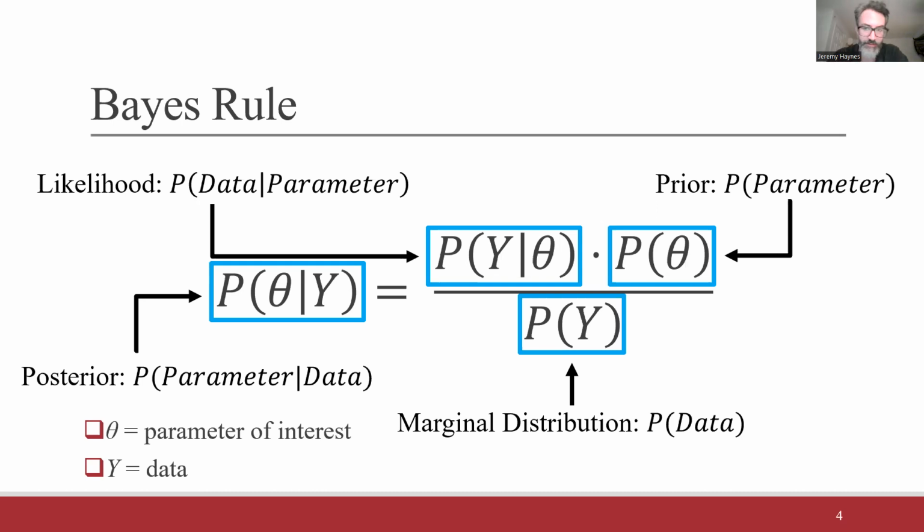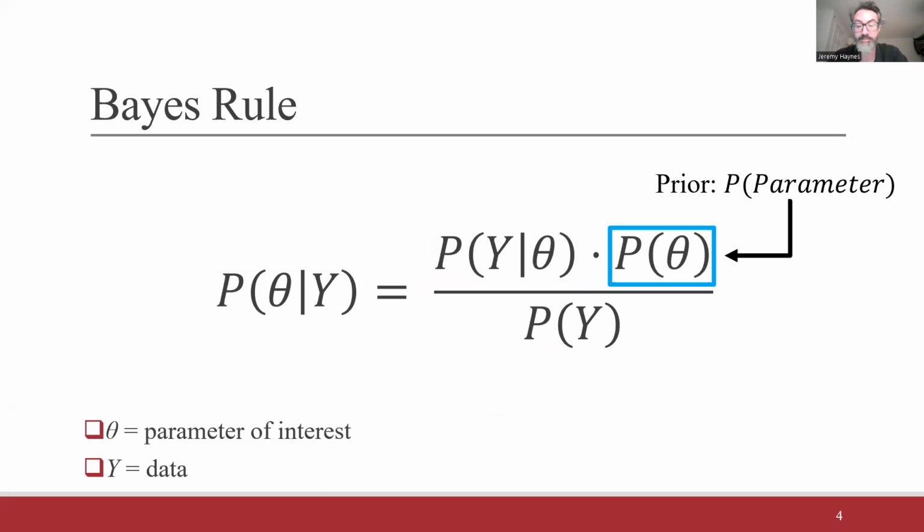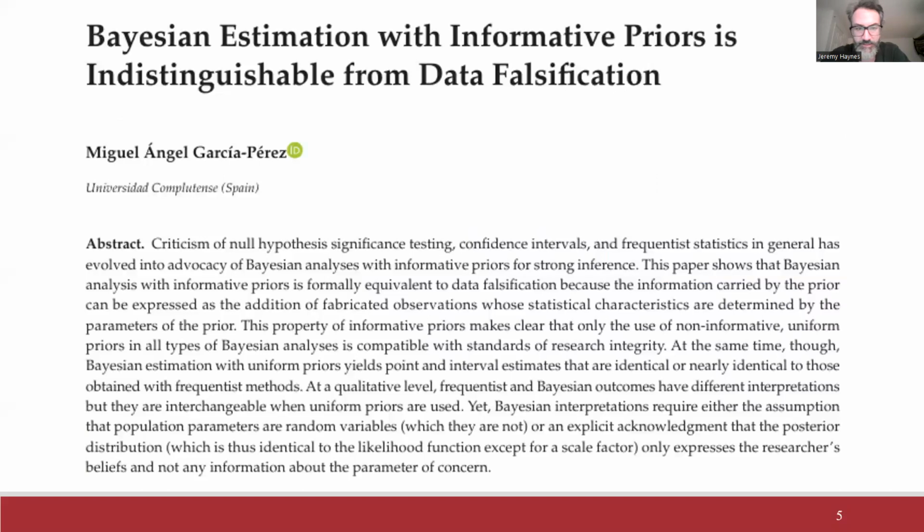What I do want to talk a little bit more about, because this is a source of controversy, and sometimes enthusiasm, is the prior in Bayesian modeling. Now, as a source of controversy, some individuals have likened using informative priors to data fabrication.